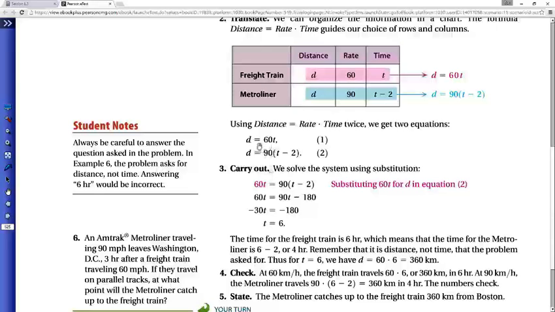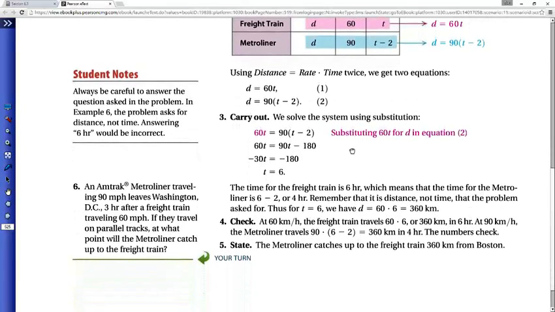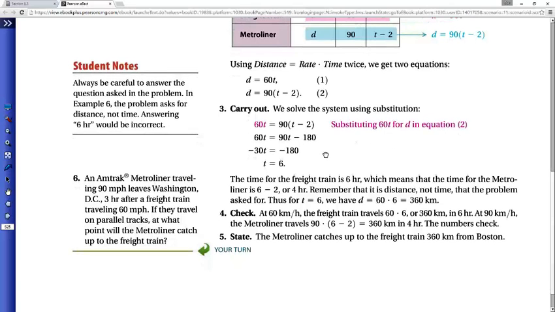So I could take the d here, which is equal to 60t, and substitute it in for this d, right? And put 60t in here, and that's where they get this. So they took the 60t from d in the equation. It says 2, but I would say the 60t came from equation 1 and then put it into 2. Maybe that's what they mean.